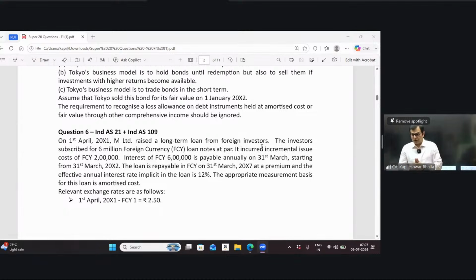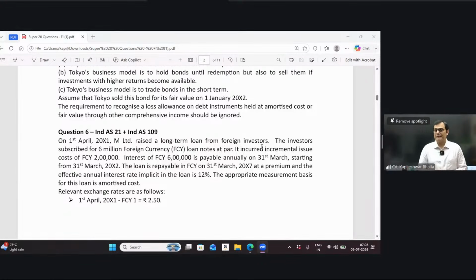So I'm reading the question number 6. It says, on 1st April X1, M raised a long-term loan from foreign investors. Now, this is supposed to be a case of a financial liability. Though I know I've not made the summary of financial liability, but as I said, you know the concept of amortized cost.